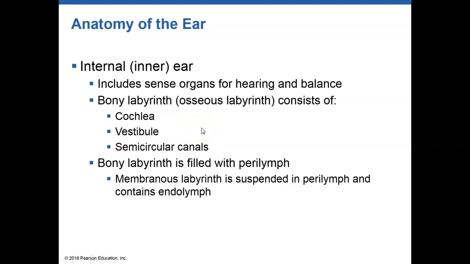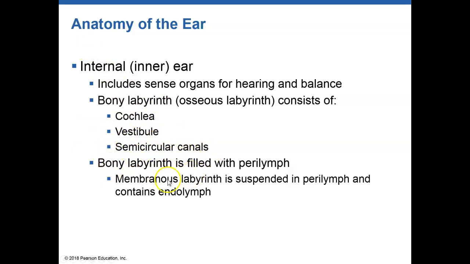So in the inner ear, this is all part of the temporal bone still. We have a bony labyrinth, and then we have a membranous labyrinth. The bony labyrinth is the temporal bone, which contains the cochlea, the vestibule, and the semicircular canals.